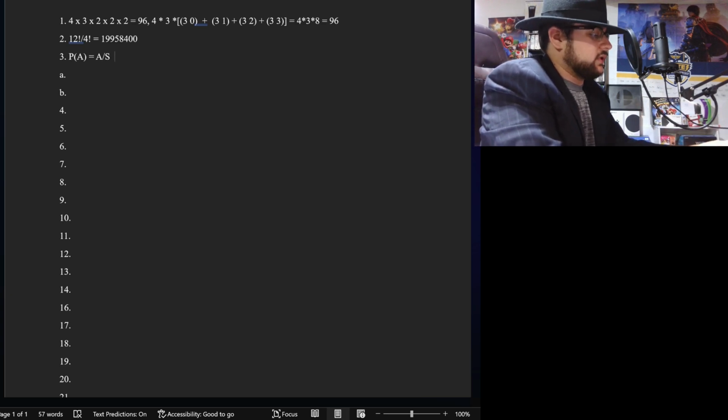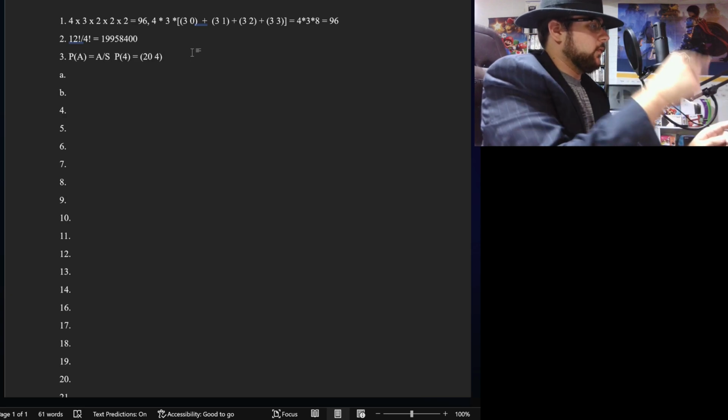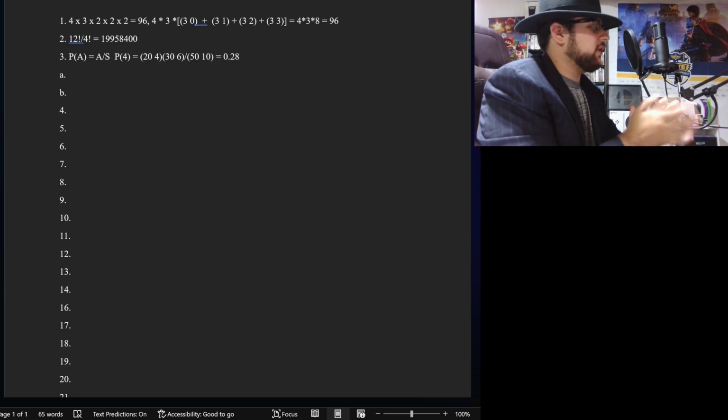So if we're going to do it this way, we're going to go P4 equals 20. Now when I put a space here, that's 20 over 4. Over, not on the side. Remember that. Then 30 over 6. Now on the bottom side, we're going to put 50 over 10, which equals 0.28 roughly.